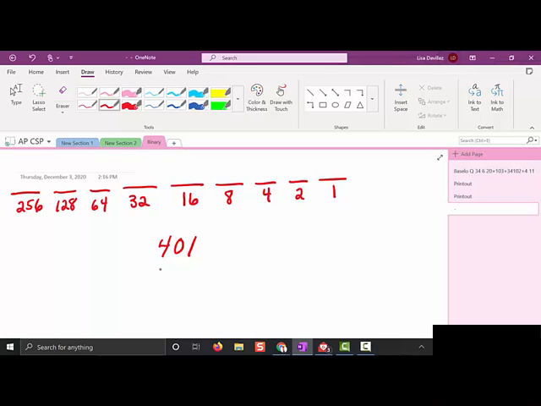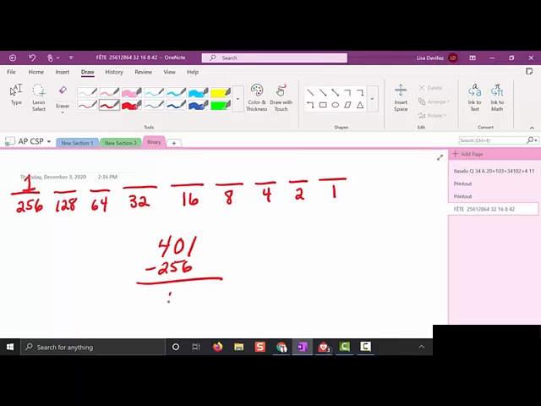Okay, well, it's bigger than 256, and twice 256 is 512, which is higher than that. So 256 only goes in once to 401, okay? So minus 256.